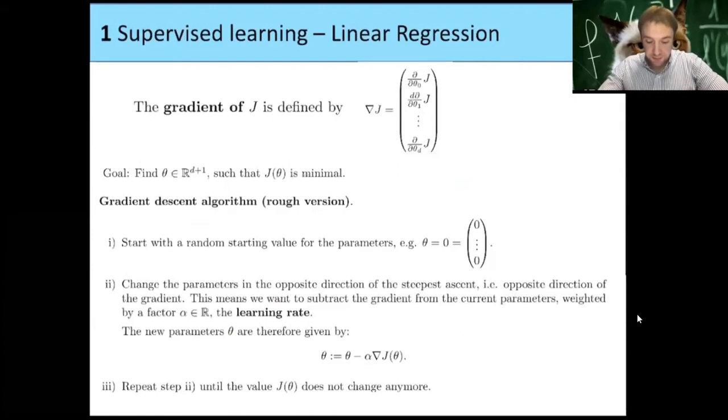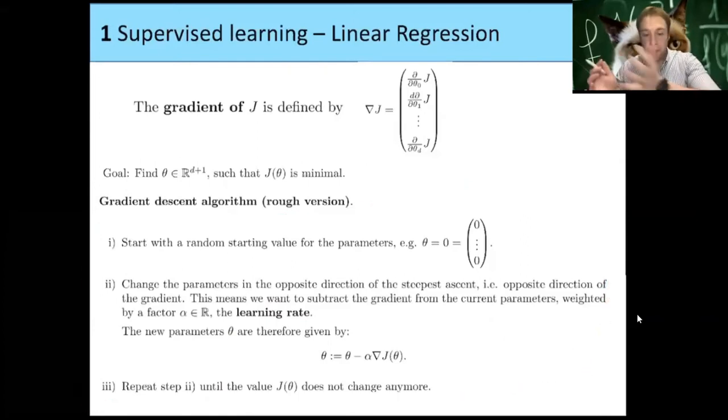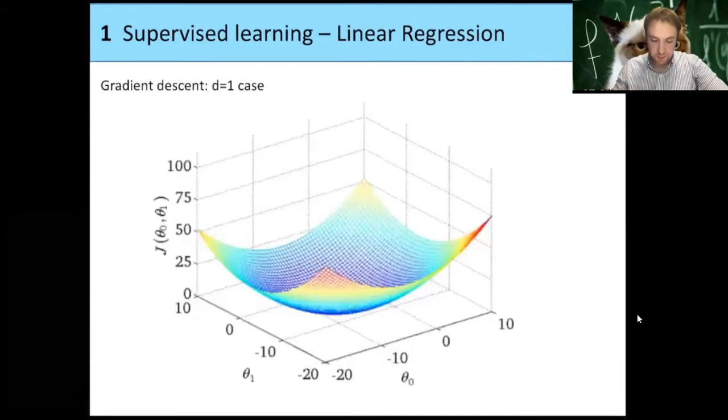The general idea of gradient descent, this is now the algorithm we want to understand, is that we start at some point. We will start at any point, for example, we start at 0, 0, and then we get some value there.